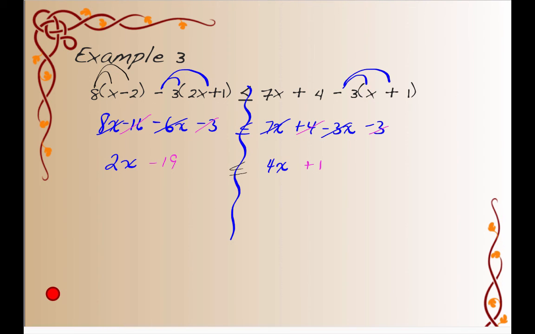Now, I'm going to do something a little different here. Because I don't like negatives in front of my variables, I'm going to move this 2x over to the right side. When I move it over to the right side, remember, it comes over, changes its sign, so now I have positive 2x.